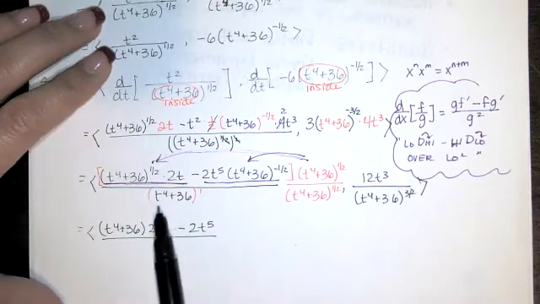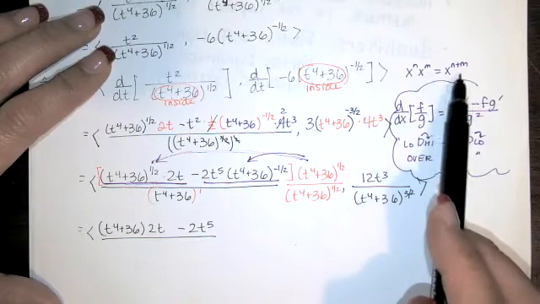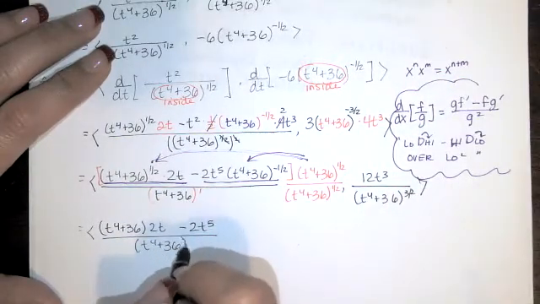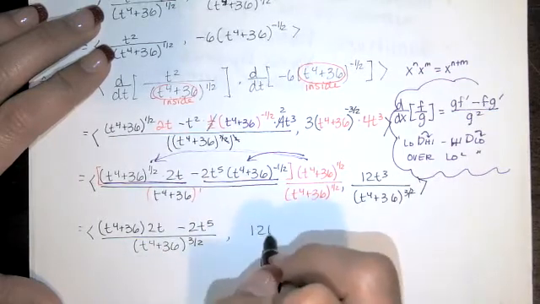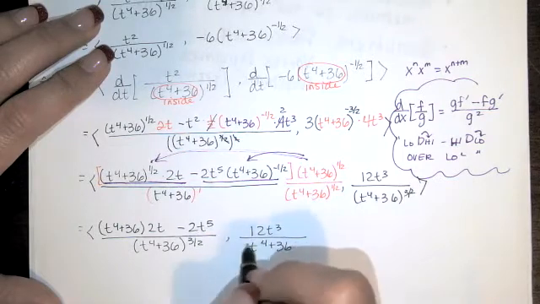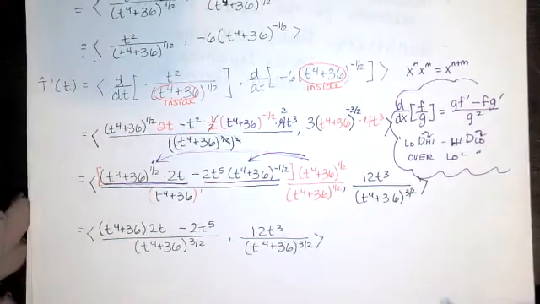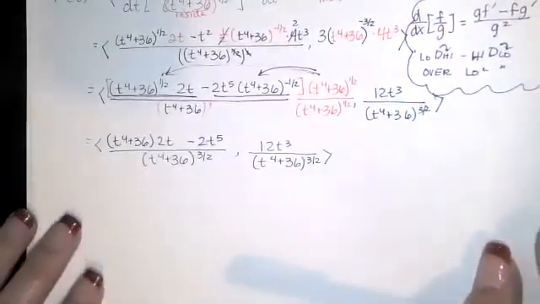All over this down here. I've got this expression to the first times that expression to the 1/2. The bases are the same, you add the exponents. So we'll have t to the 4th plus 36, 1 plus 1/2 is 3/2. All right. So now we distribute.